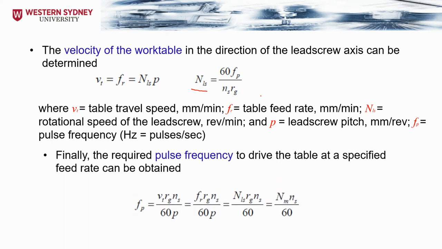Finally, the pulse frequency to drive the table at the specified feed rate can be obtained from one of the following equations. Of course, depending on what you have and what you don't have, you can rearrange this equation to find any of the unknown parameters.